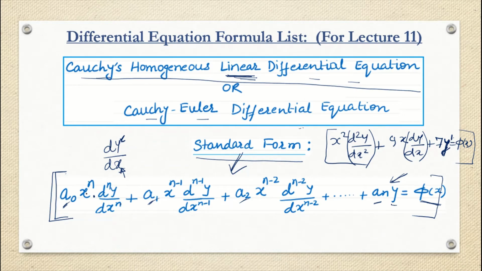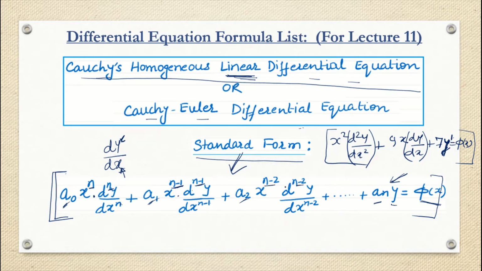That means this is x to the power n d n y by dx n. Similarly, d n minus 1 y by dx n minus 1 is multiplying with x to the power n minus 1. If we see this type of special form, it will be called Cauchy's homogeneous linear differential equation.